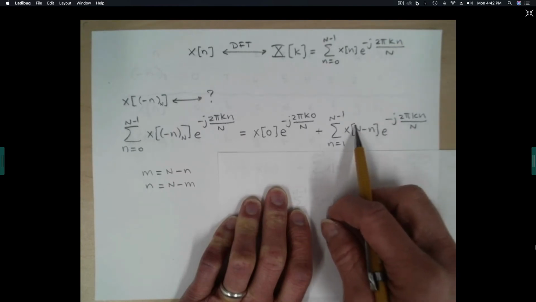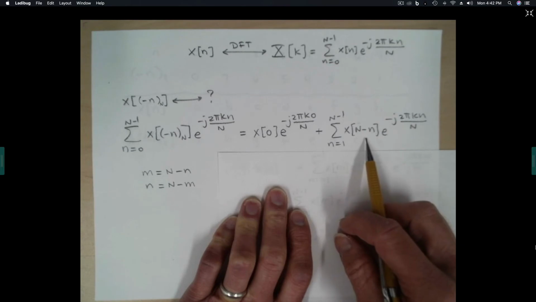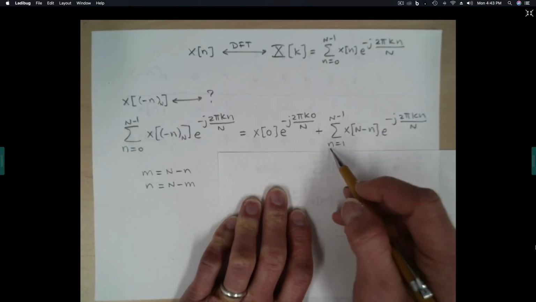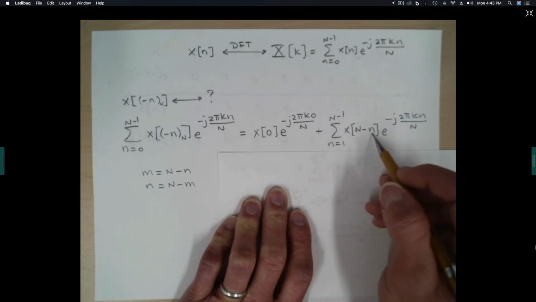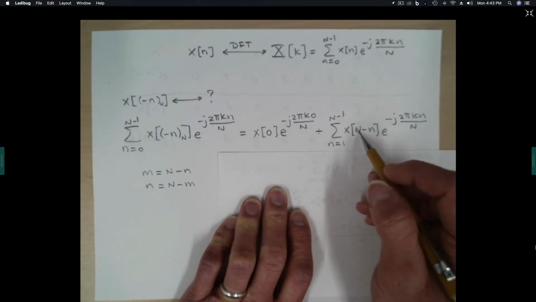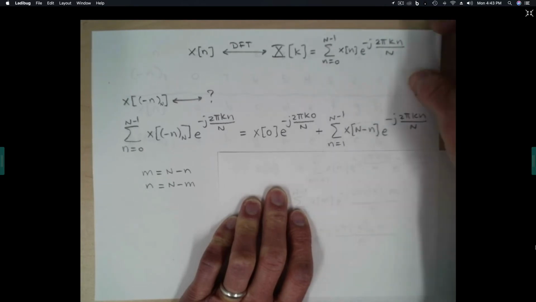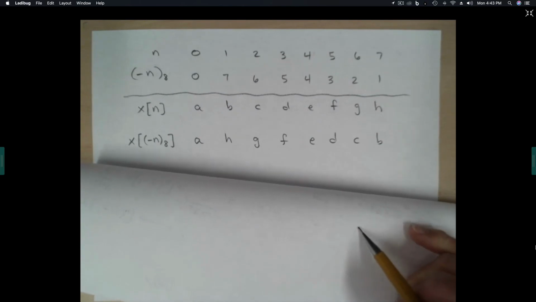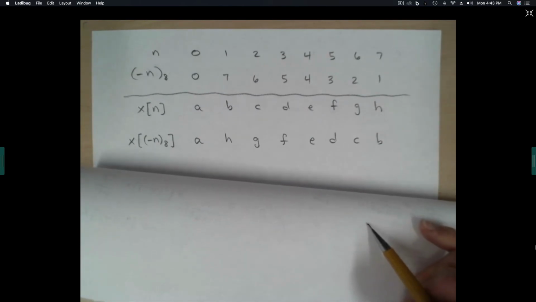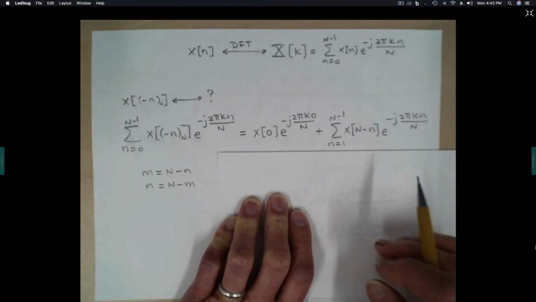And this encodes that time reversal, but without the modulo notation. Notice that when we put little n equal 1, we get capital N minus 1. And when we put little n equal 2, we get capital N minus 2. And that, again, is performing that circular time reversal that you see on the previous page.